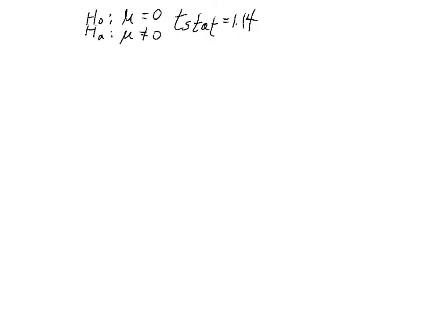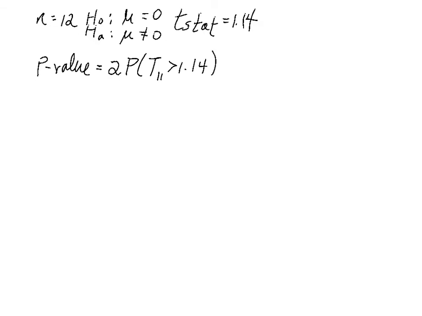So what we need to calculate to get the p-value is, for a two-sided test, a p-value is going to be 2 times the upper tail probability. The degrees of freedom in this problem is 11 because n is 12. So I want to find 2 times the probability T11 is greater than 1.14.